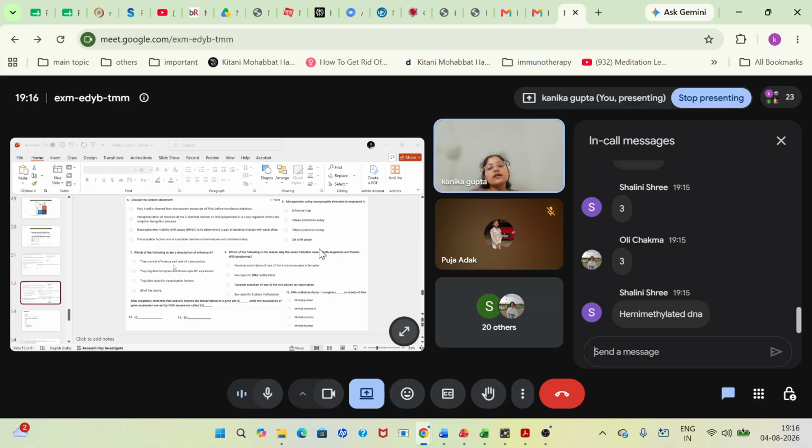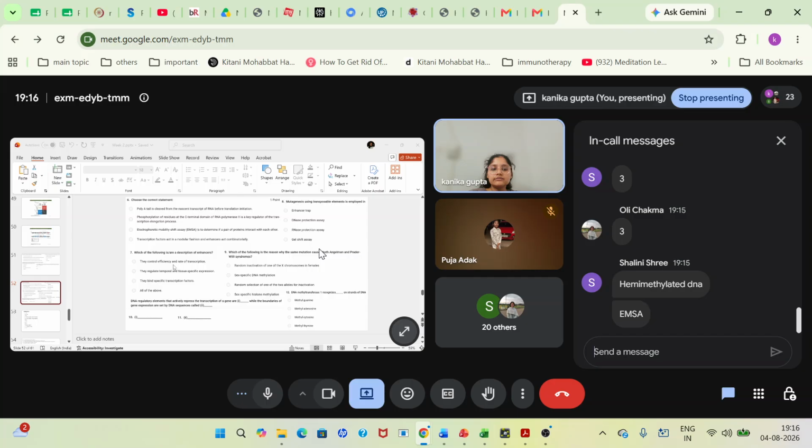Any confusion in the assignment? Any problem you faced while doing the assignment? No problem at all. Should we move ahead?